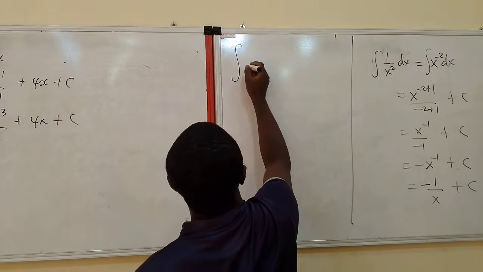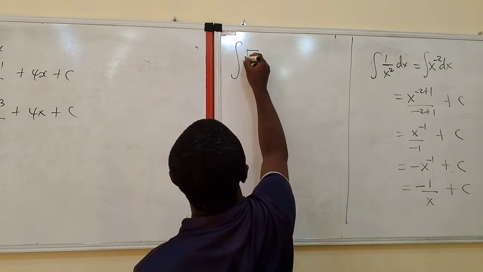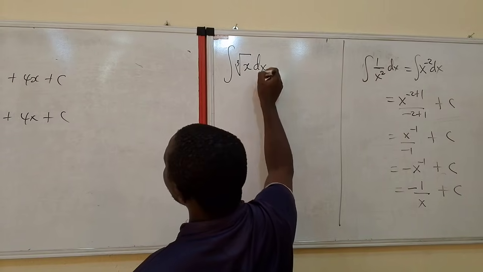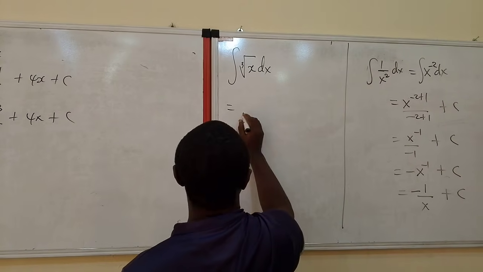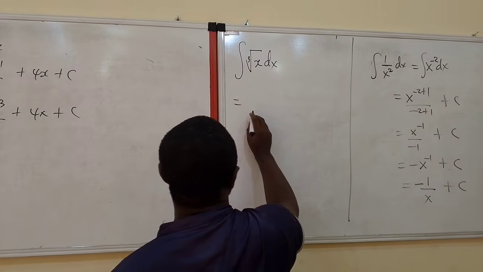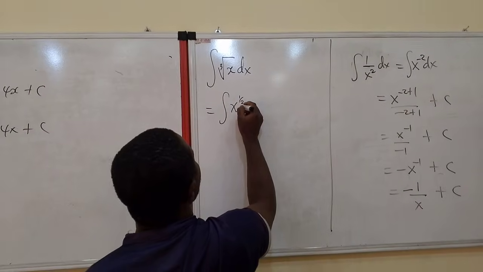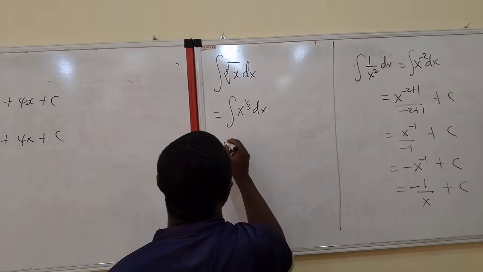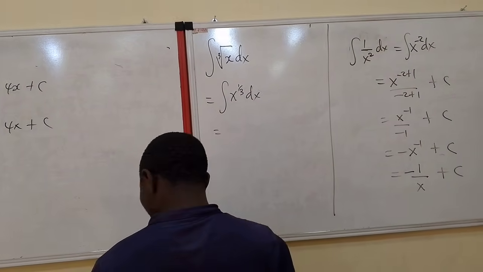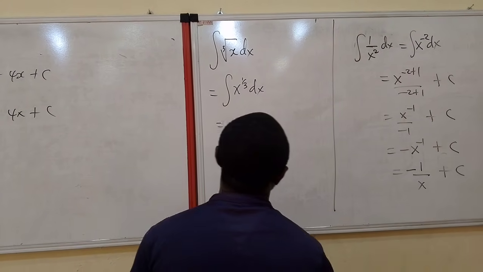You have to integrate the cube root of x dx. This is equal to the integral of x raised by 1 over 3 dx. Since we are asked to integrate that, what do we do? Very simple.